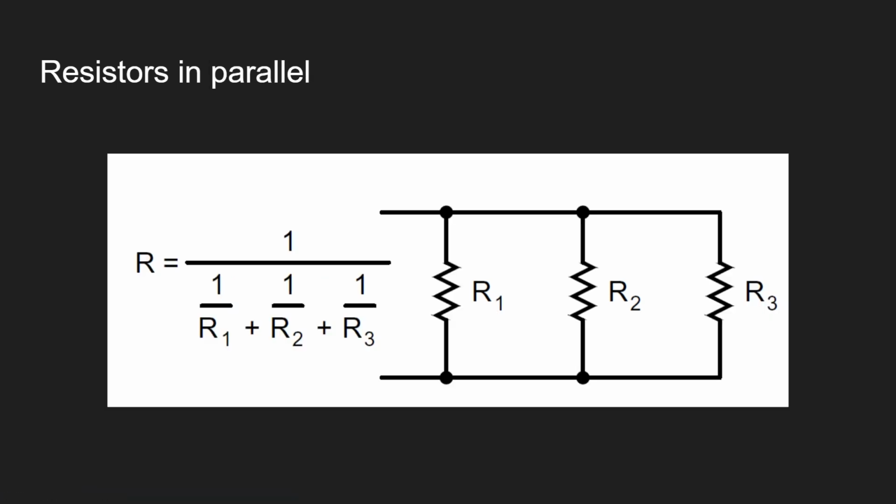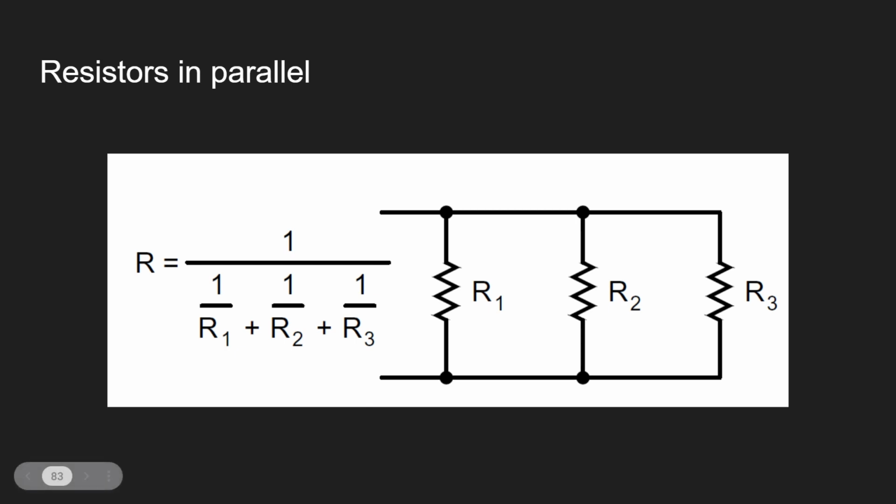And for resistors in parallel, they give you 3 options to travel, so they can separate the traffic. So you have a lower resistance, and you can make your traffic faster. When they are in parallel, the resistance will go down, and the calculation will be the reciprocal of R1 plus R2 plus R3, and then the reciprocal of it.